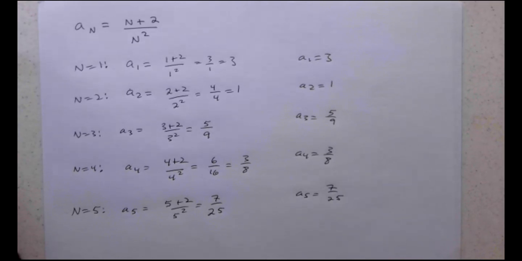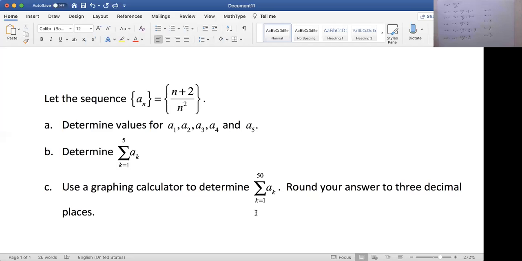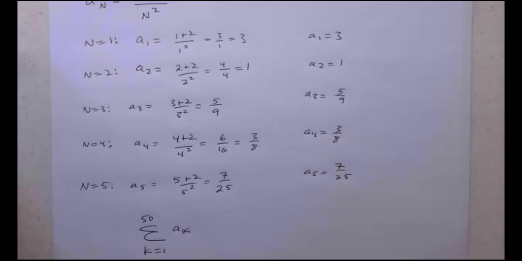We are trying to do the sum as k goes from 1 to 50 of a sub k. So let's take a look at that. But what is that?